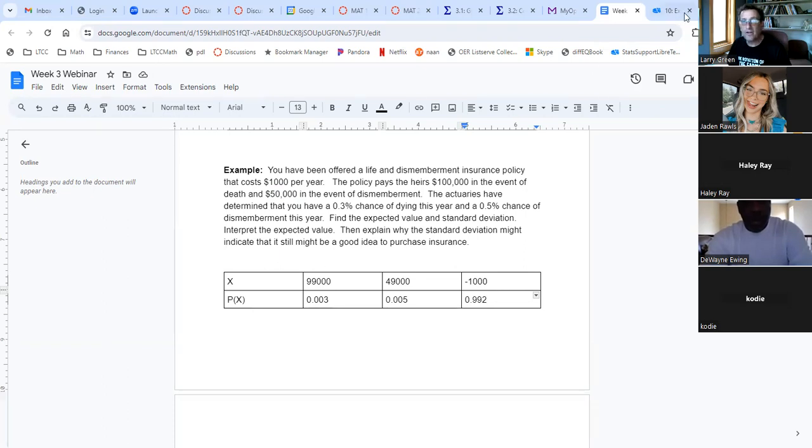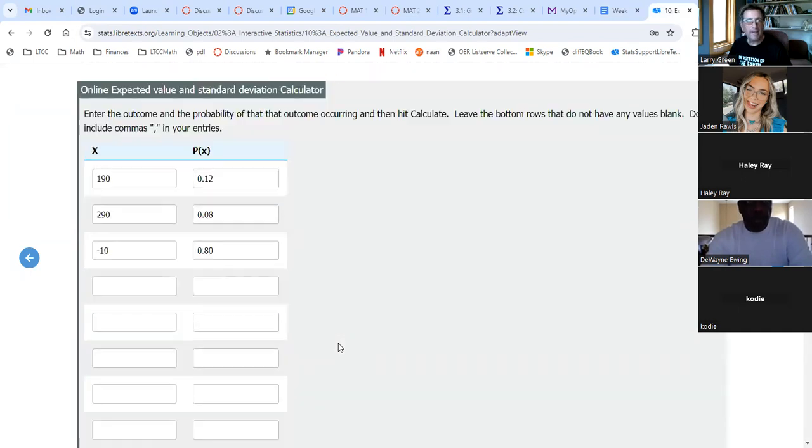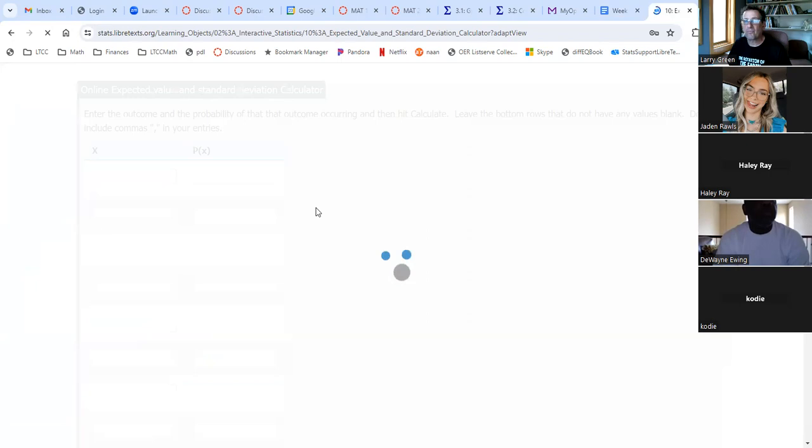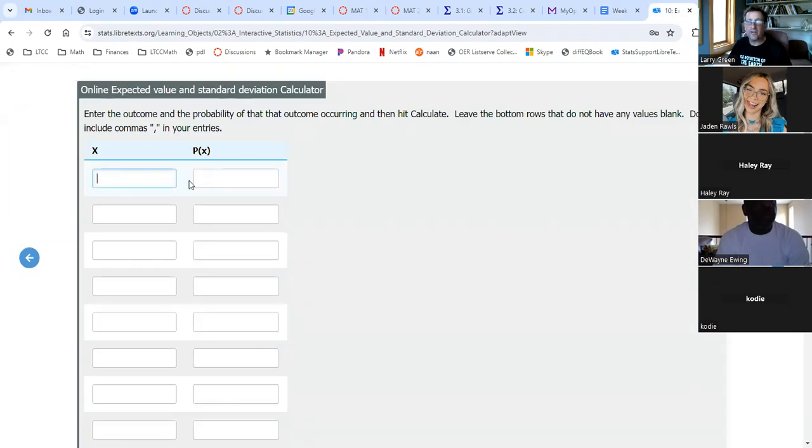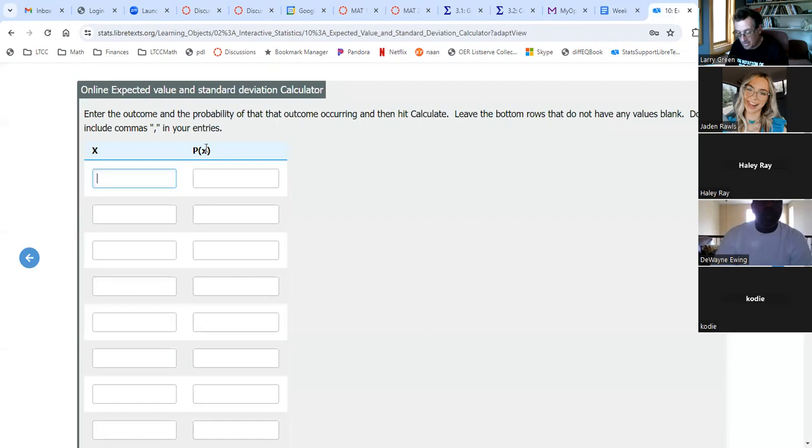All right, so then we go here. And by the way, if you want to refresh, you want to make sure these numbers are gone, the easiest thing to do is hit the refresh button on the browser. And then it starts over. So again, the x values were 99,000, 49,000, and negative 1,000.